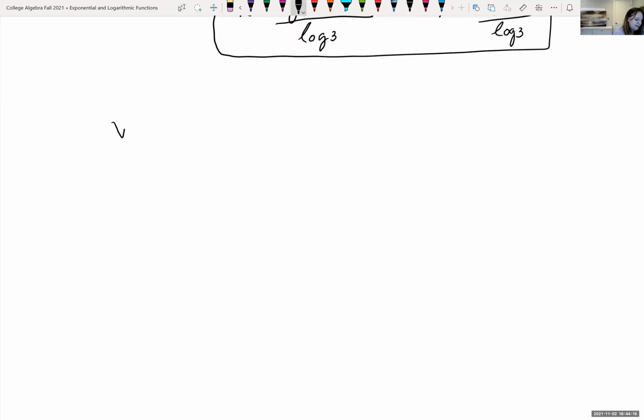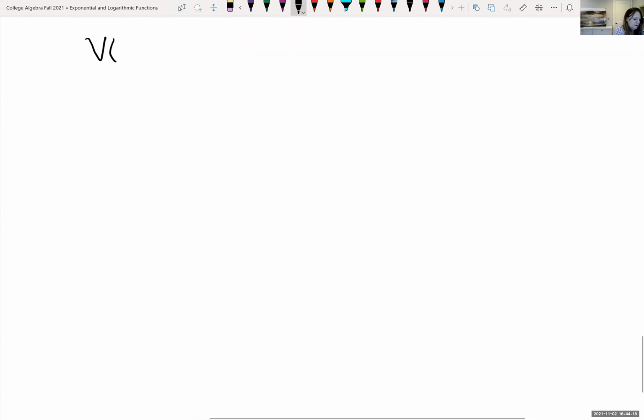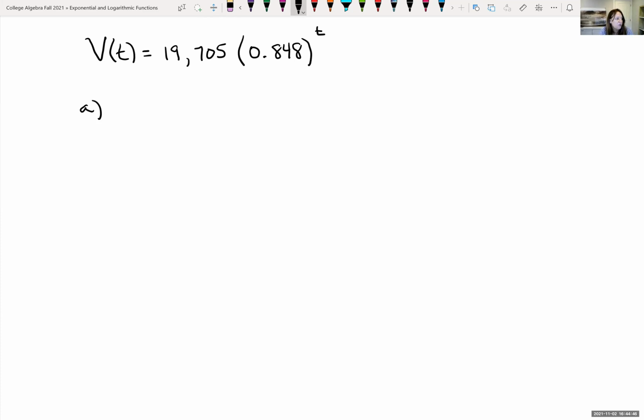We're given that V of T is equal to 19,705 times our base, 0.848, and then that is all raised to the T power. So part A wants to know, according to the model, when will the car be worth $14,000?